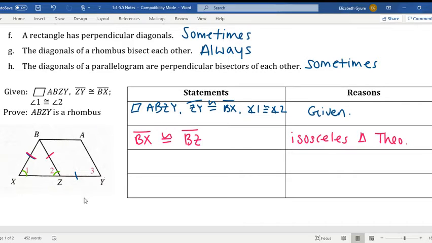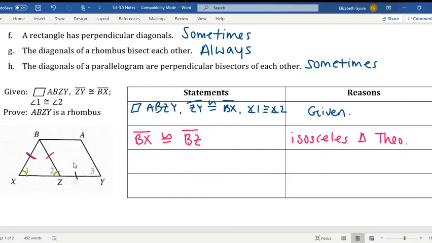Logan? Exactly. Once we've shown that BZ is congruent to ZY, won't we have shown that 2 consecutive sides are congruent? So will there actually be anything else we need to do at that point? No. We'll have already shown it's a rhombus. You don't have to go through all 4 sides because you've shown 2 consecutive.